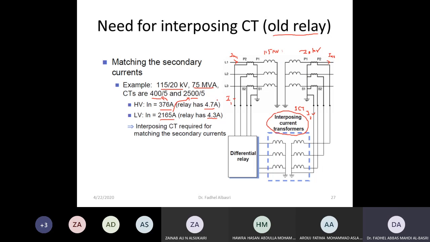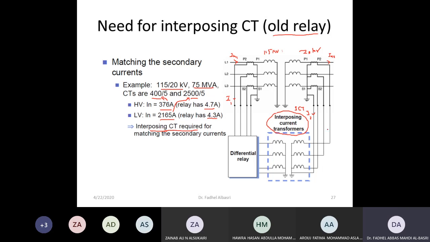So I cannot set a relay that trips at any differential current at all. I have to correct even this one before a differential relay considers this as a fault. To make these two the same, I will use an additional interposing CT.